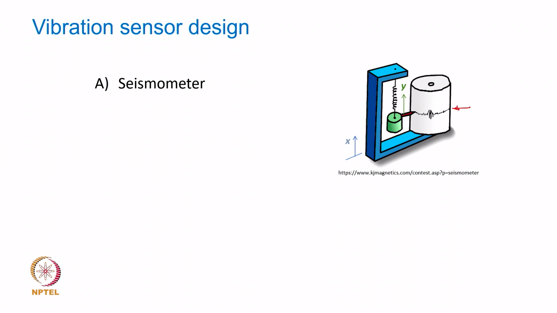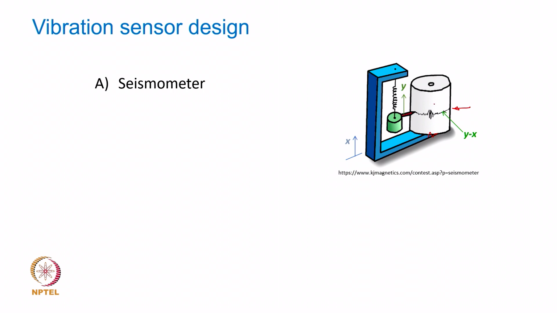Will it be x, or will it be y, or will it be something else? It is going to be y minus x, obviously, because the drum with which this is recorded is also going to move up and down with x. So, what is getting recorded there is the relative motion of the pencil with respect to the frame, that is basically y minus x.